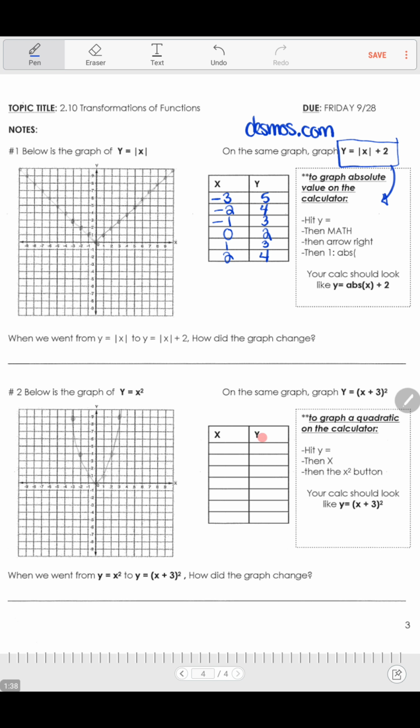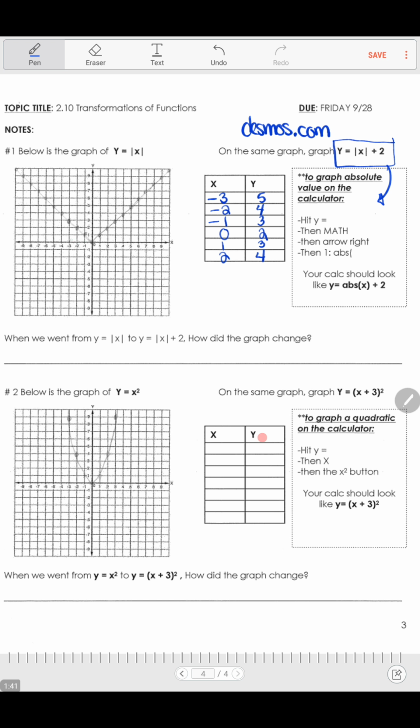Okay, so once you have those points, you can go ahead and plot. So negative 3, 5, negative 2, 4, negative 1, 3, 0, 2. And it goes back this way.